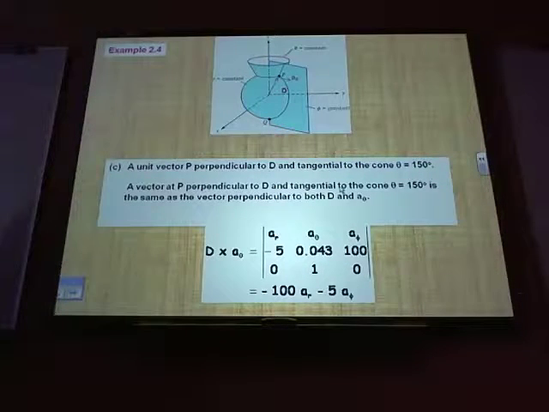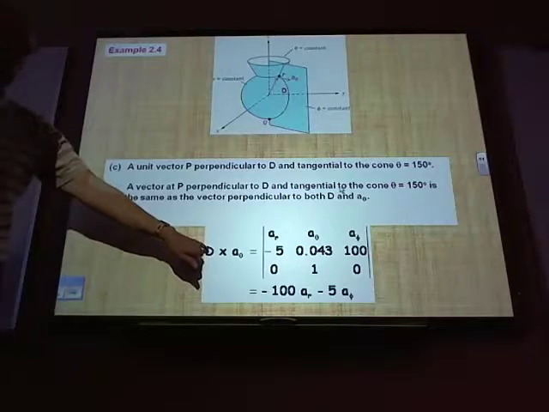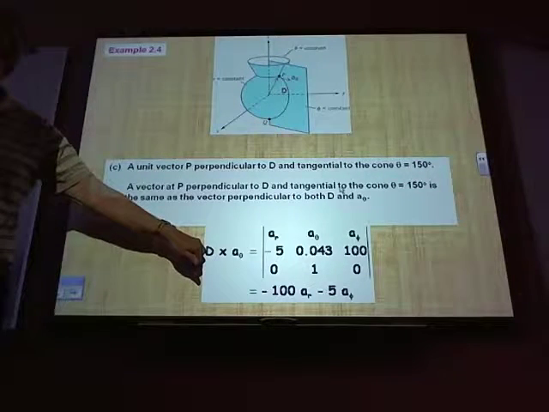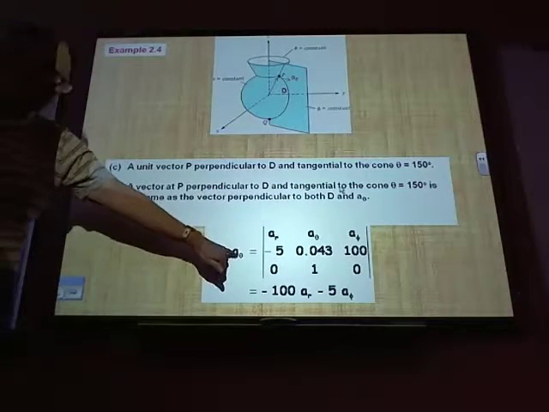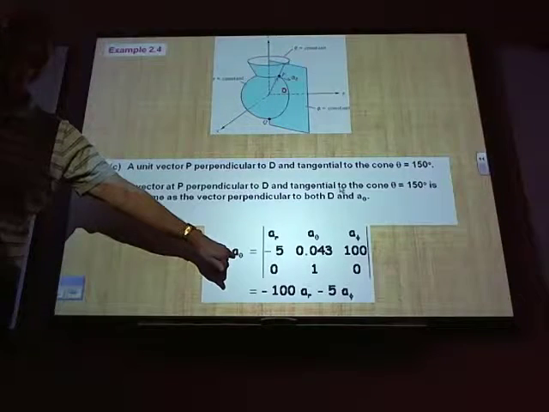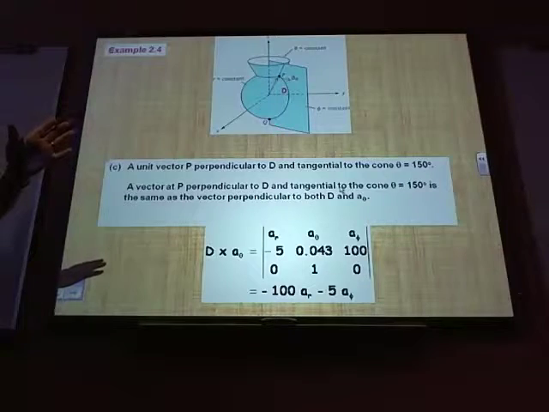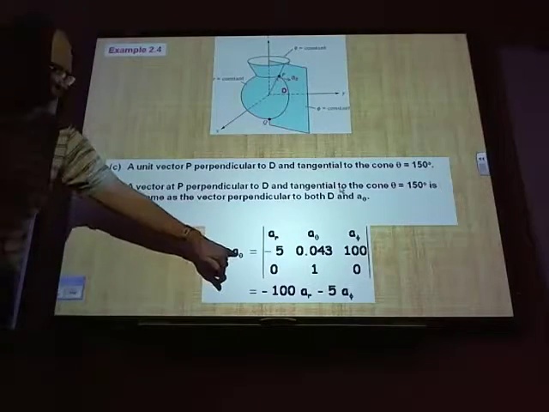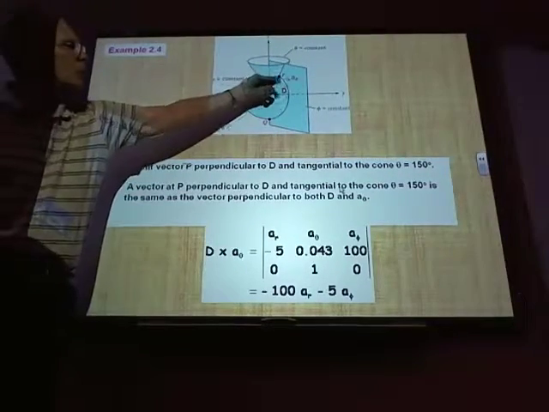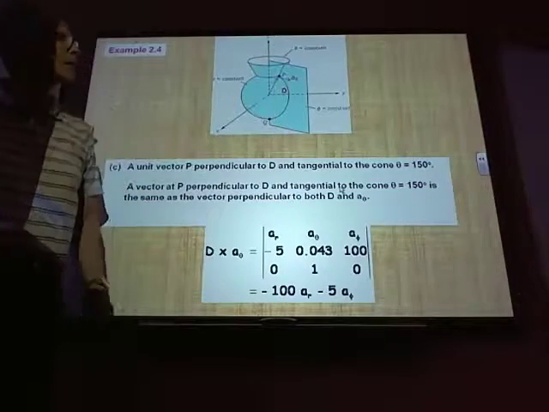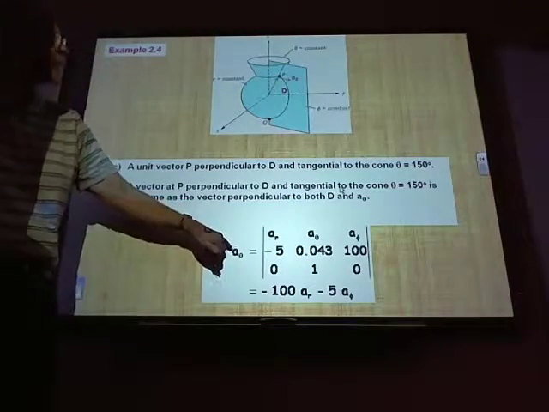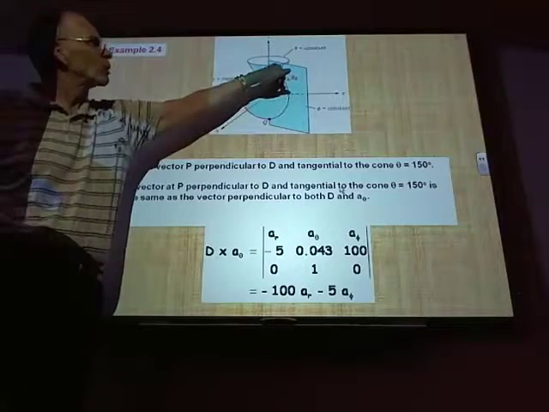I'll create a vector that is perpendicular to D, and it's perpendicular to a sub theta, right? It's perpendicular to both of them. Since a sub theta is normal to the cone, normal coming out here, then the vector that I end up with has got to be tangential to that surface.